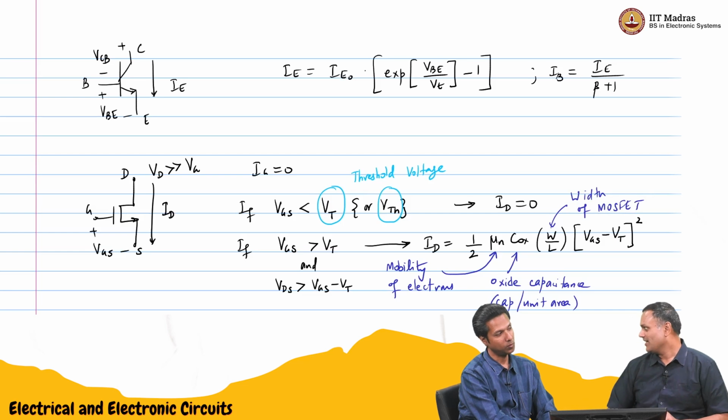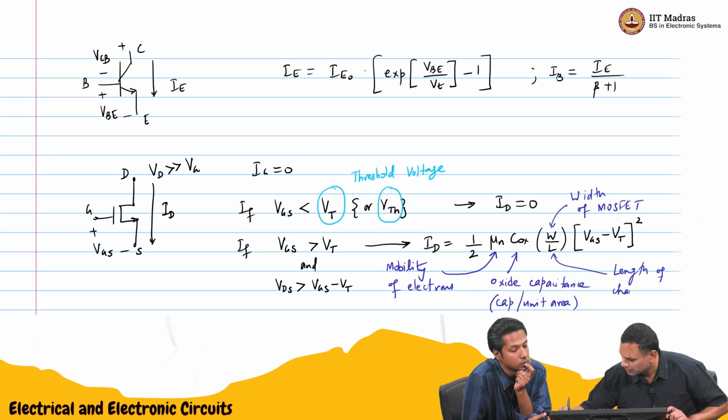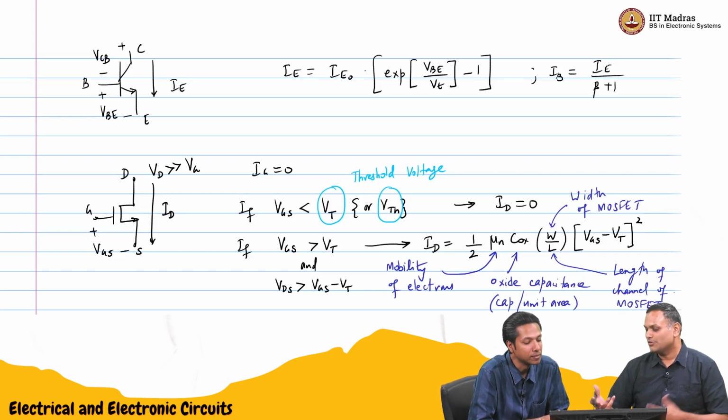L is the length of the channel, and W is the width of the device. Half is just half, that comes out from the device characteristic. And VT is the threshold voltage, we already know that. So now we have defined everything with respect to this equation.